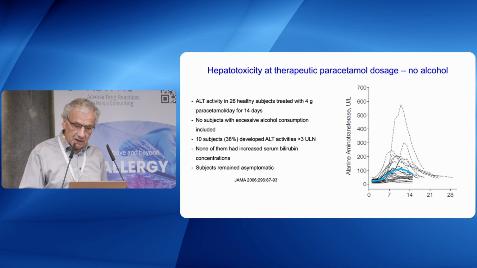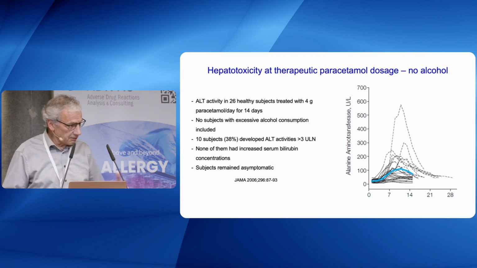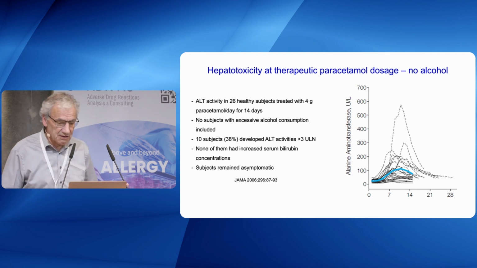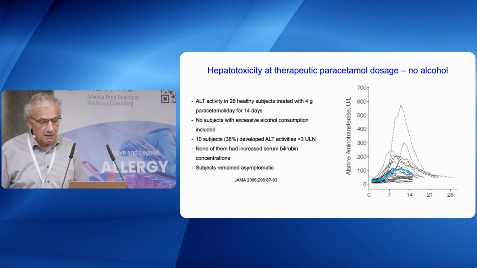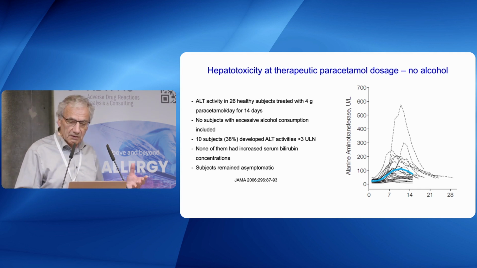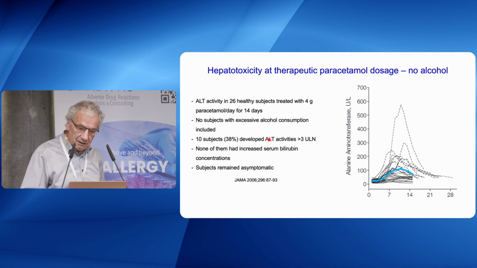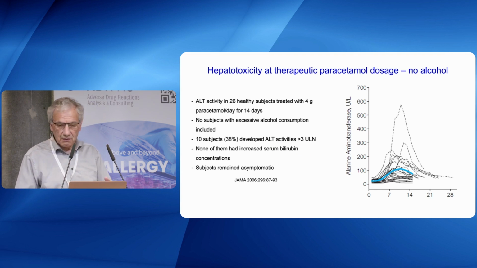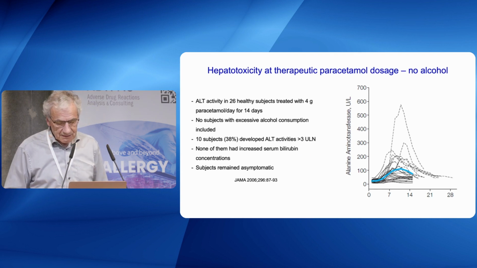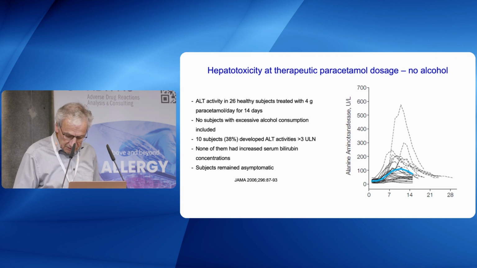And there is, at the moment, no explanation why 10 subjects, about a third of the subjects, developed transaminases more than 3 times the upper limit of normal. And nobody of them had an increased bilirubin concentration. They were asymptomatic, but we have toxicity also clearly at a normal therapeutic dose.